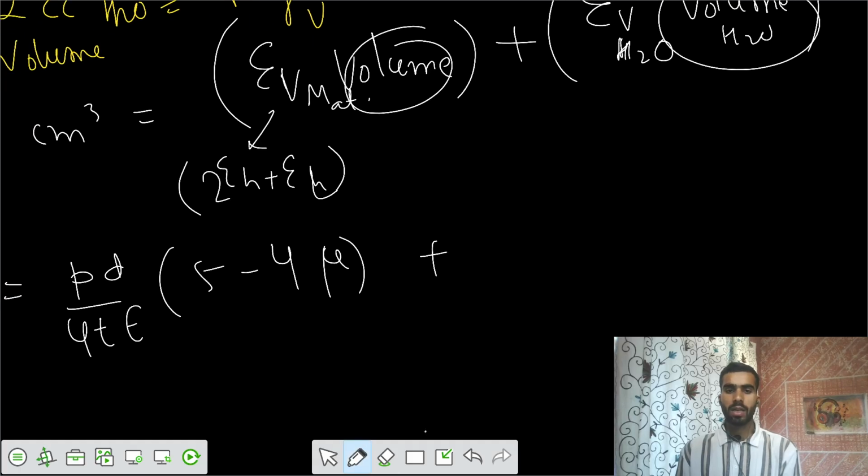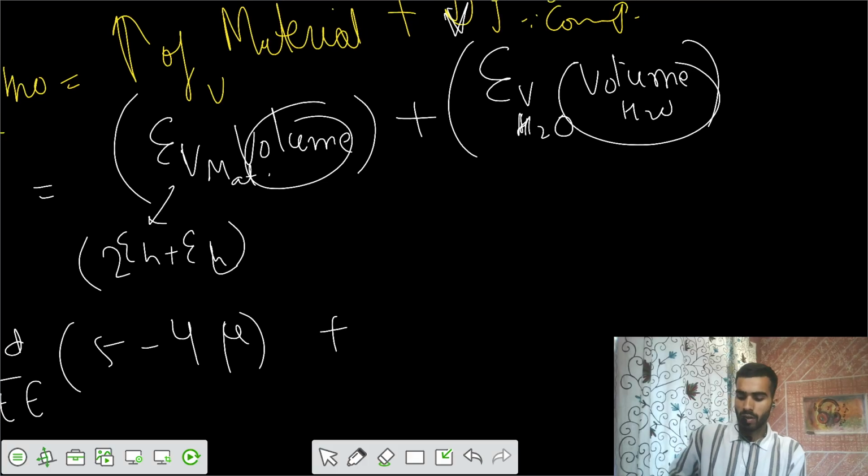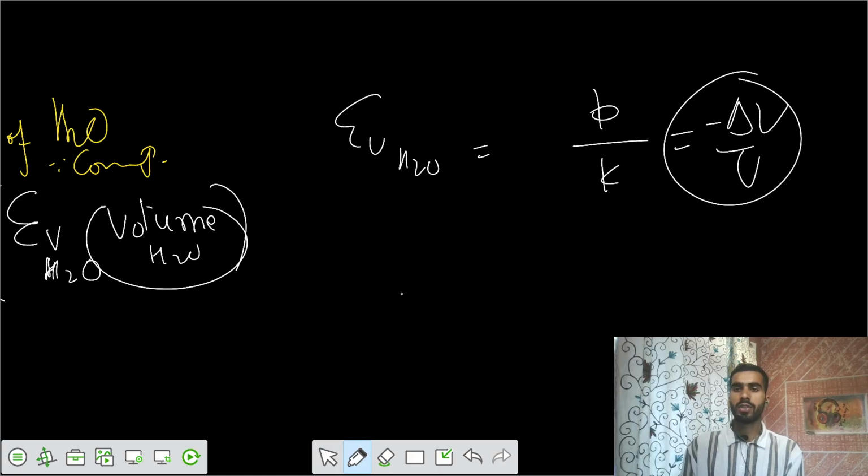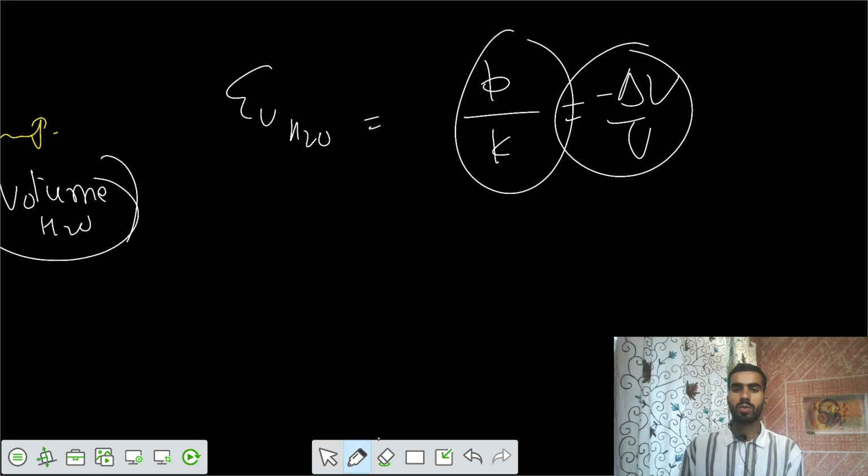And similarly for the volumetric strain of water, the equation is P by K, that is dV, the decrease of volume, equals P by K. Some extra pressure has developed, and because of that there is a decrease in volume.